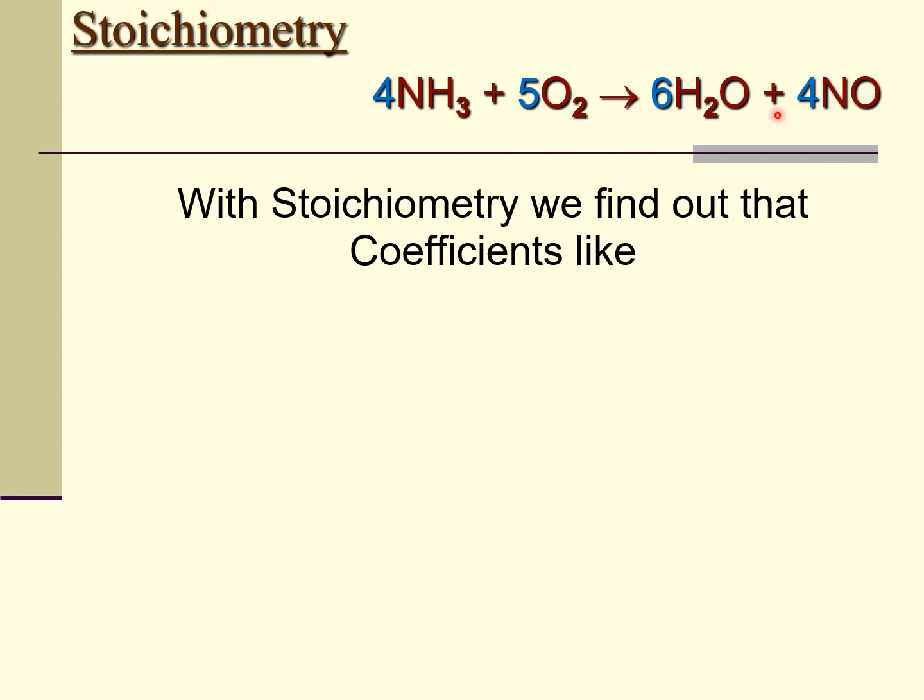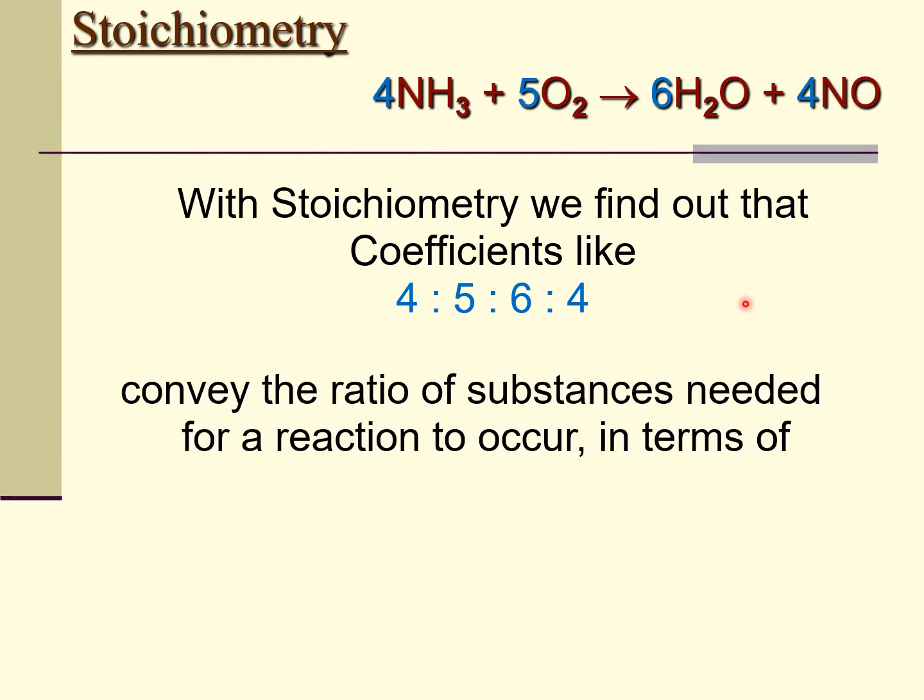With stoichiometry, we find out that coefficients like this, 4, 5, 6, and 4, convey the ratio of substances needed for a reaction to occur, in terms of mole to mole ratio: 4, 5, 6, 4.